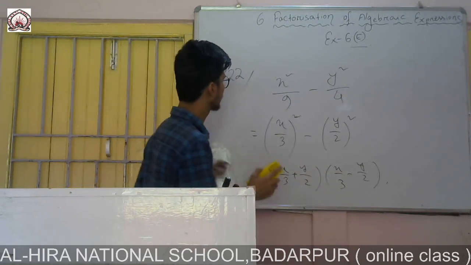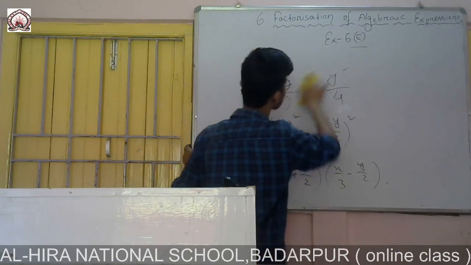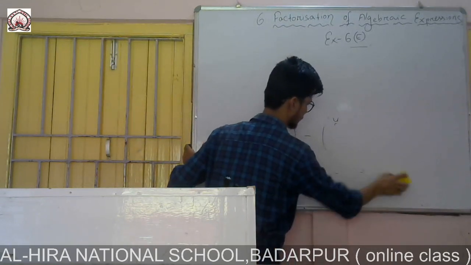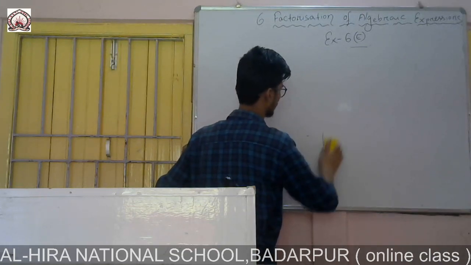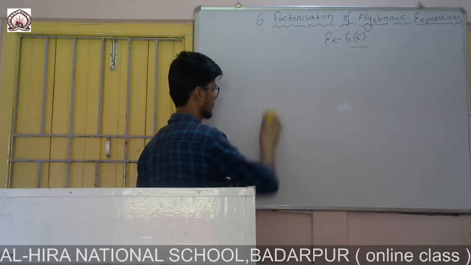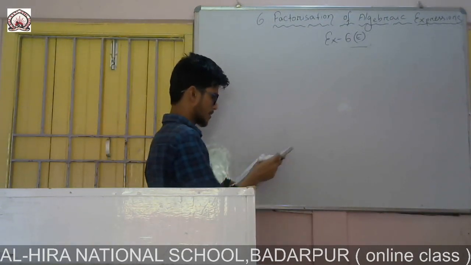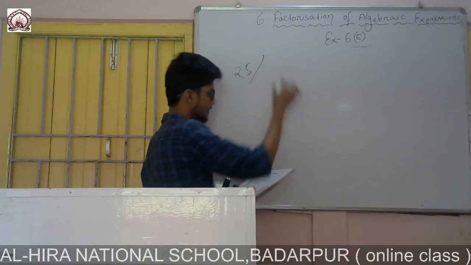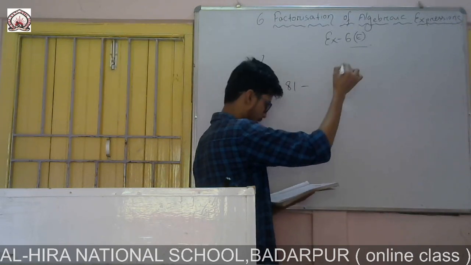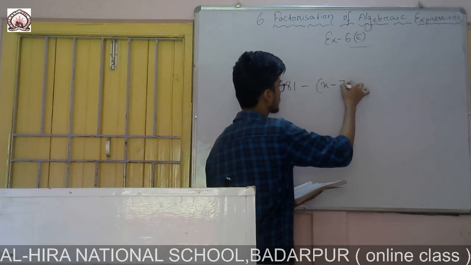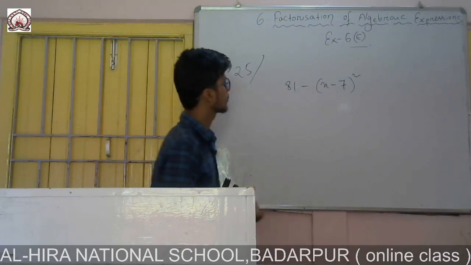Now see question number 25. It is given 81 minus x minus 7 whole square.